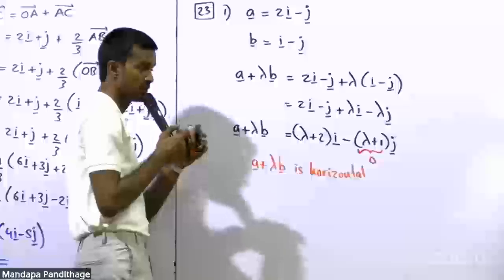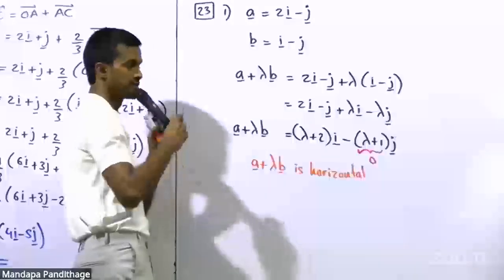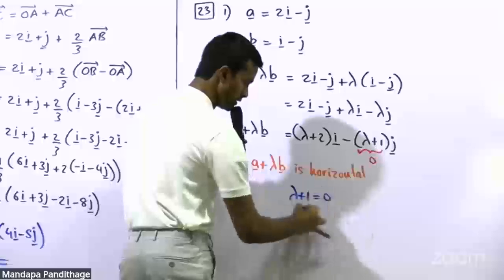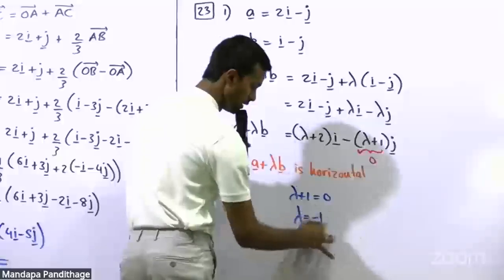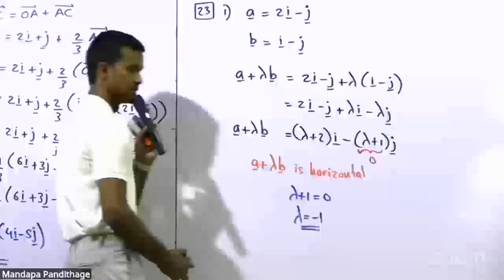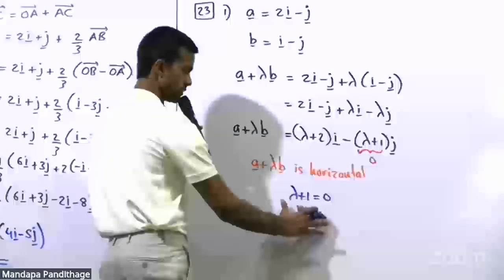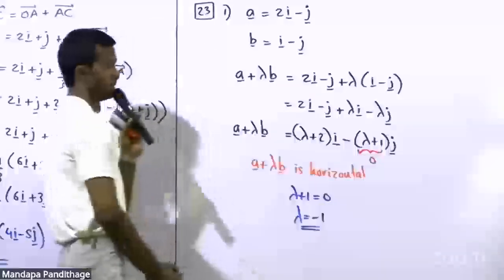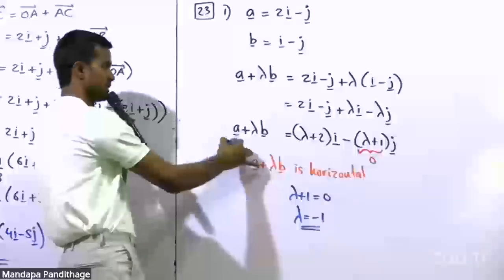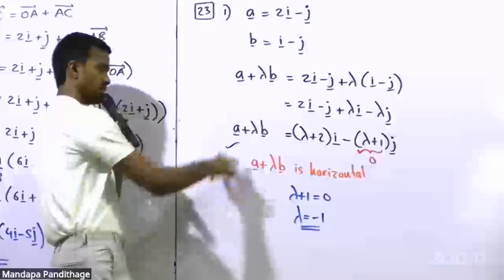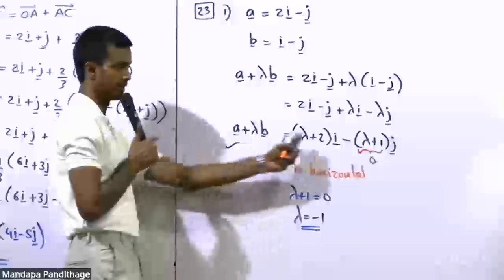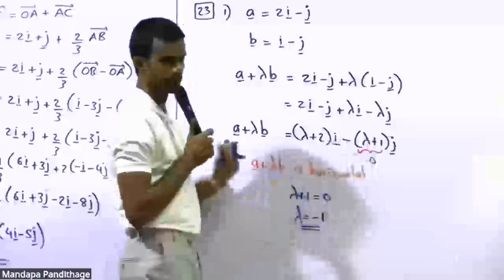Lambda is equal to minus 1. Clear? Okay, then come up to this part. Come up to this one, a plus lambda b, and simplify it. Come up to this stage.